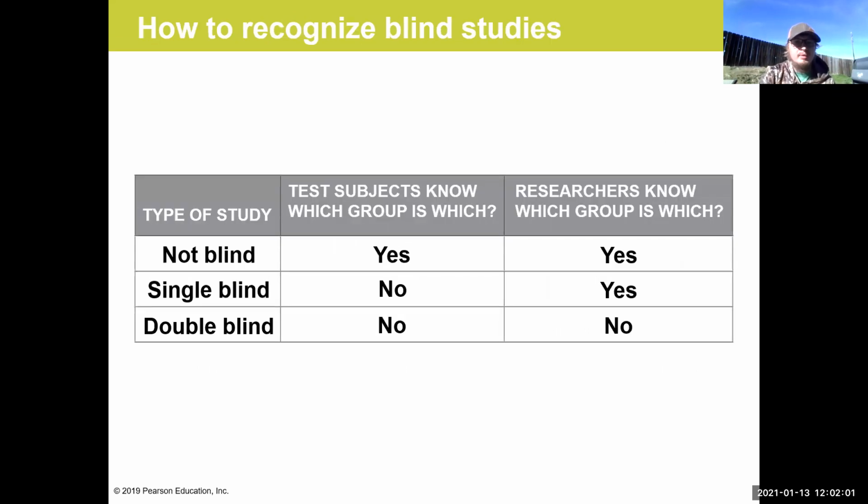In a double blind, the test subjects do not know what they're getting, and the researchers don't know which group is getting the placebo. In a single blind, the test subjects don't know, but the researcher knows. And if it's not blind, then everybody knows what they're getting. The gold standard is the double blind because it reduces the most amount of biases, and it really minimizes how the data can be affected that way.